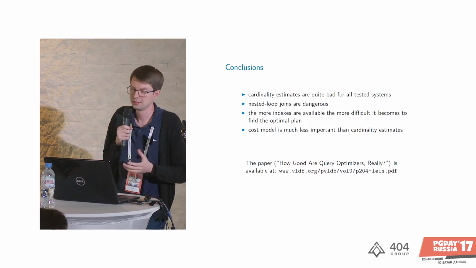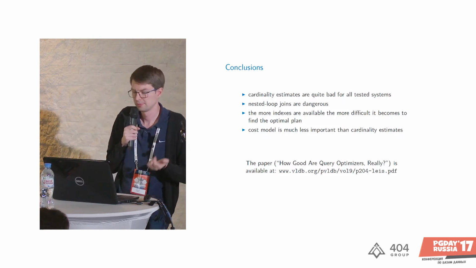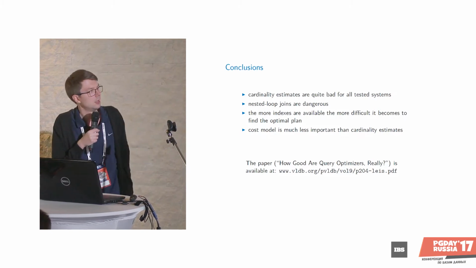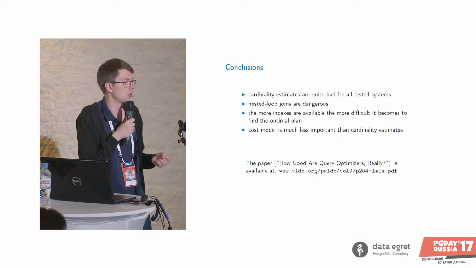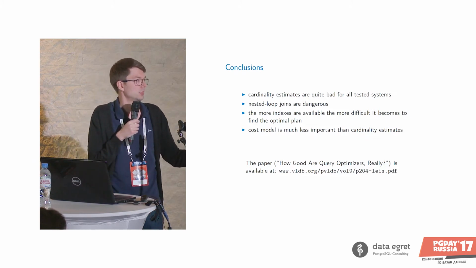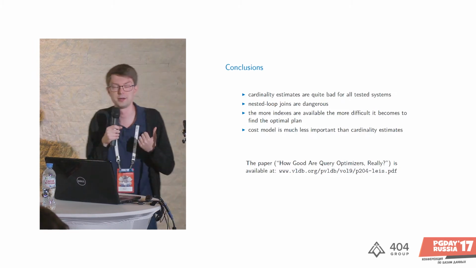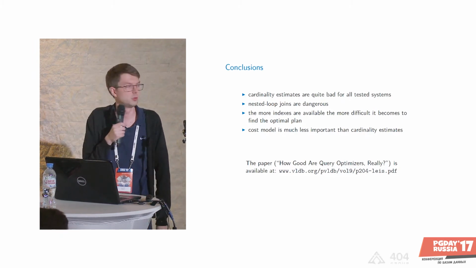So tweaking the cost model is usually not the solution. This is, from my perspective, the take-home message from that work, and we have a paper on it. If you Google how good are query optimizers, you will find it, but there's also a link here. I don't know if the slides will be posted online or anything.